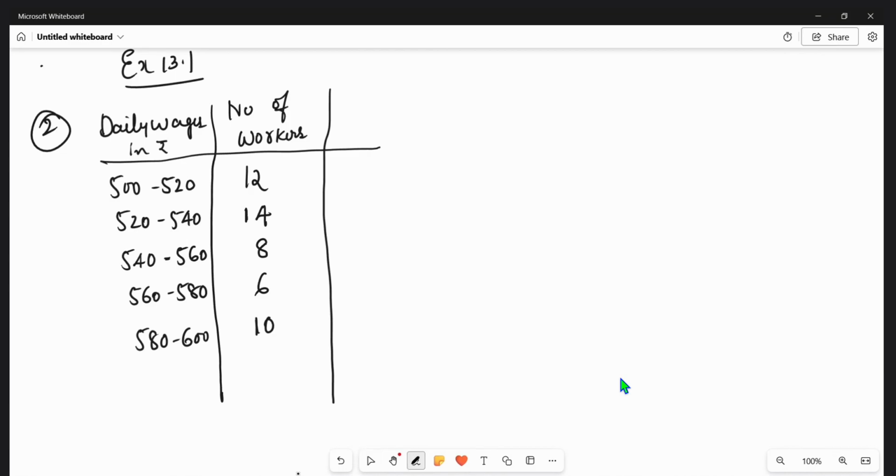Now you have to calculate sigma fi. They have given 50 workers, so the count has to be equal to 50. You can just recheck. Then xi you have to calculate. So xi will be the average: upper limit plus lower limit divided by 2. 500 plus 520 by 2, you will get 510.